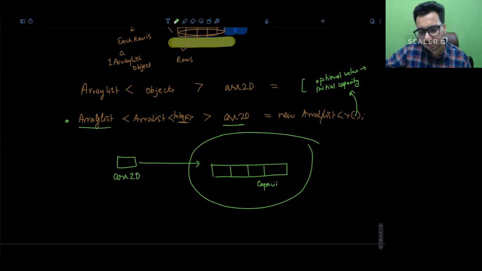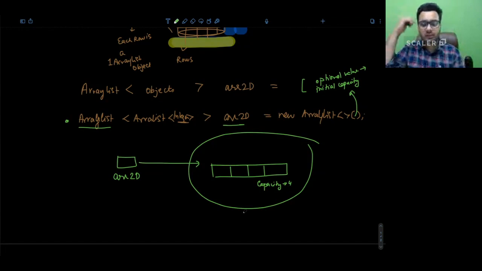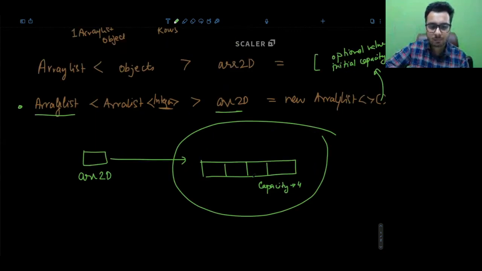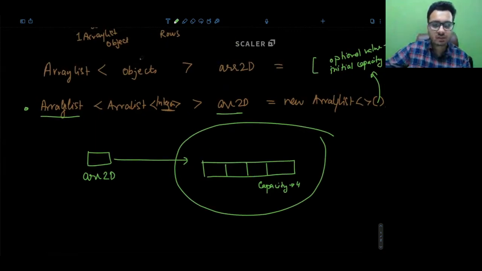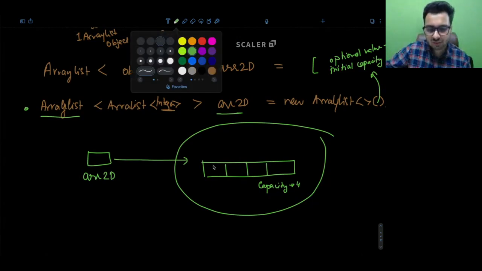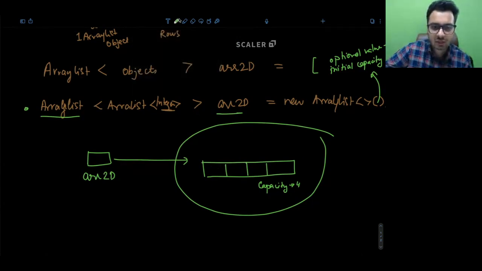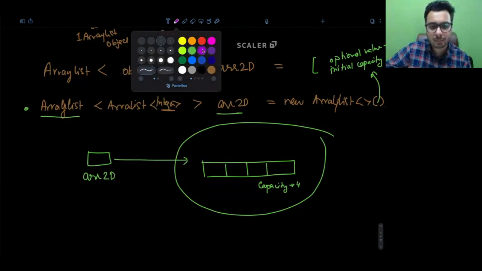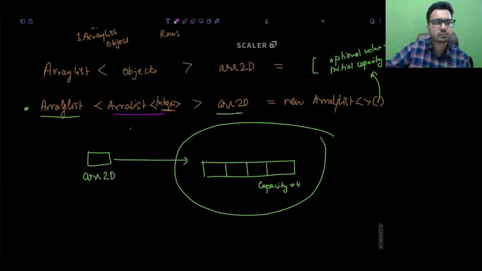Let us just assume the capacity is 4. It can hold 4 arrays inside it. Do you remember how the arrays are stored? Will the array list object be present inside this bucket, or will it be present separately on the heap memory? It will be stored separately on the heap memory.